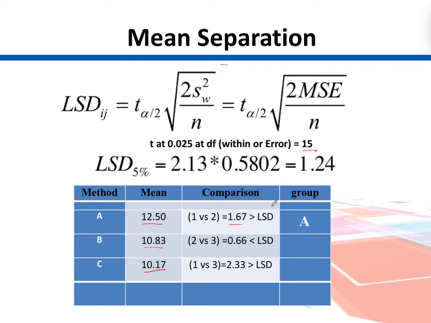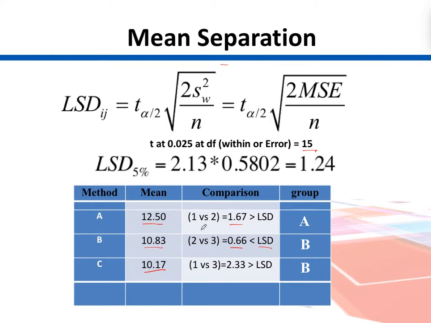So we give letter A to this first, and B should be assigned a different letter, so we give it B, and then we compare this second with third, the B and C, and the number which we get is 0.66, which is less than LSD. So since the second got the letter B, we give this third treatment the same letter as B, since both of them are not significantly different from each other. So letter B will be assigned.